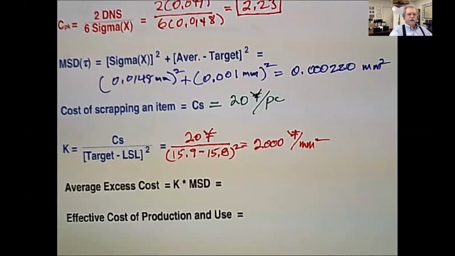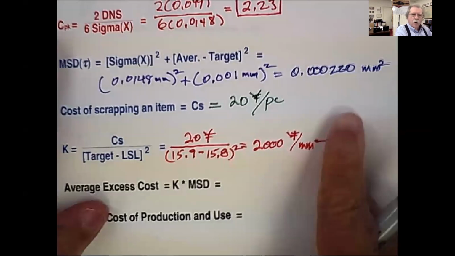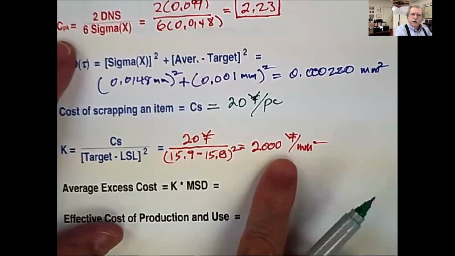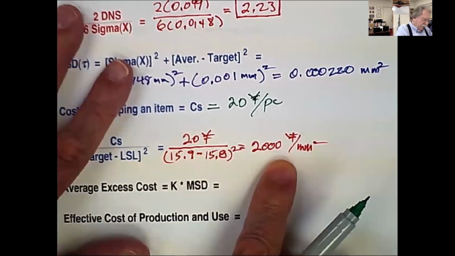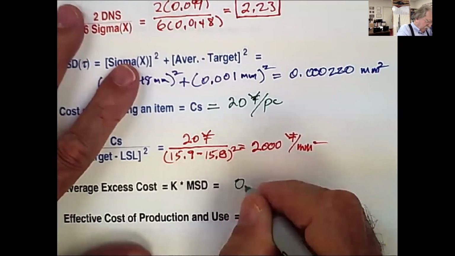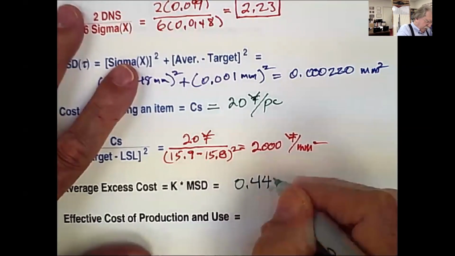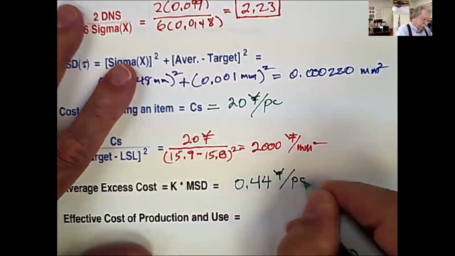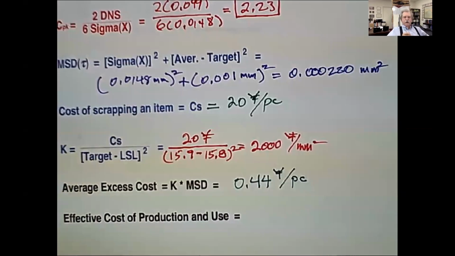So our average excess cost is K times the mean squared deviation about target. Take the 0.000220 times 2,000 yen, the millimeter squared cancel out, and you end up with 0.44 yen per piece. 44 hundredths of a yen per piece.